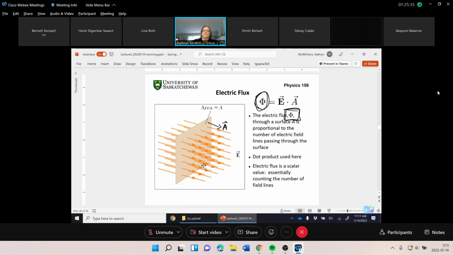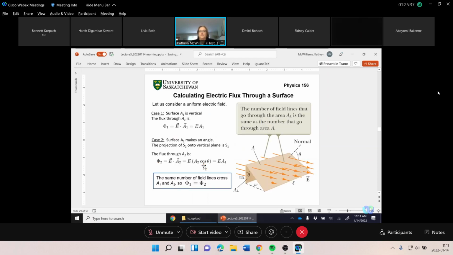Okay. You can see in this figure we've got two surfaces. One is vertical in the back here, and one has an angle. So you can see that electric field lines can pass through surfaces not only in the perpendicular direction, they can have an angle with respect to it.